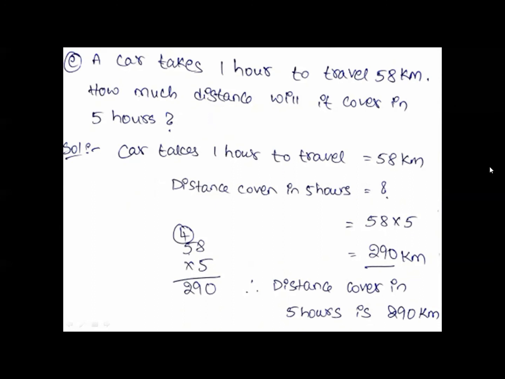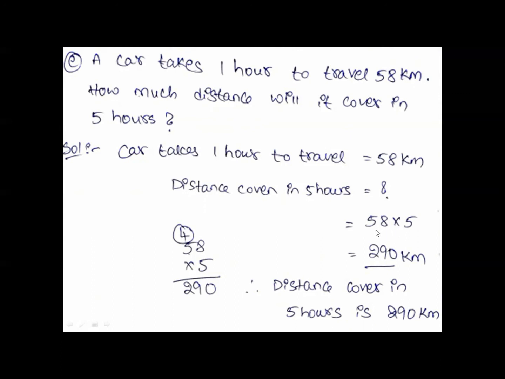This is also a word problem. A car takes 1 hour to travel 58 kilometers. How much distance will it cover in 5 hours? See here, the car takes 1 hour to travel 58 kilometers. Distance covered in 5 hours, how much do we have to find?